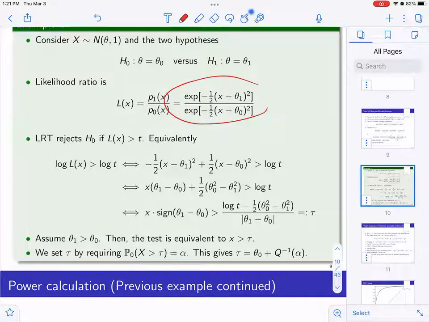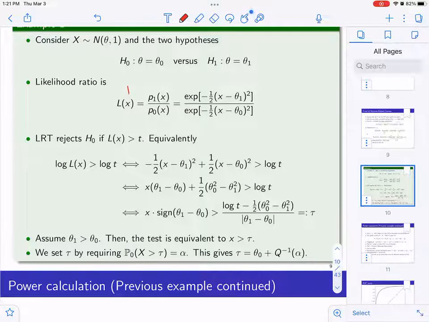And then you usually take the log. So this is a case where everything is continuous. x is a continuous variable under the null, and L of x is always positive, and the distribution is going to be continuous, so there's no need to randomize.